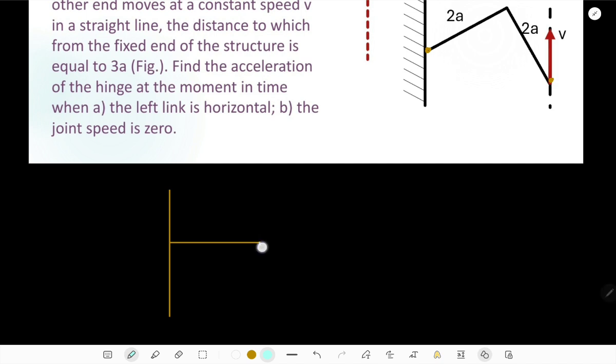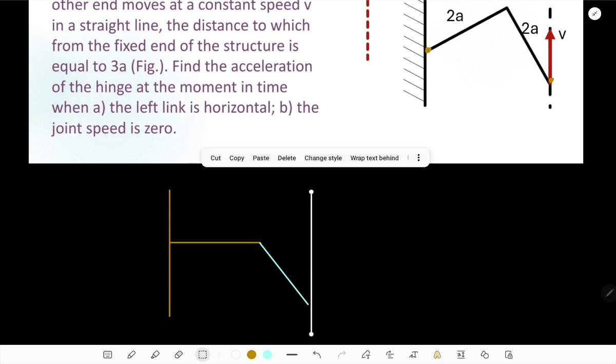I don't know. I'm going to draw something like this, and this is going to make no difference. There is one more thing to draw, the right-hand side of the guide, along which this thing is moving.